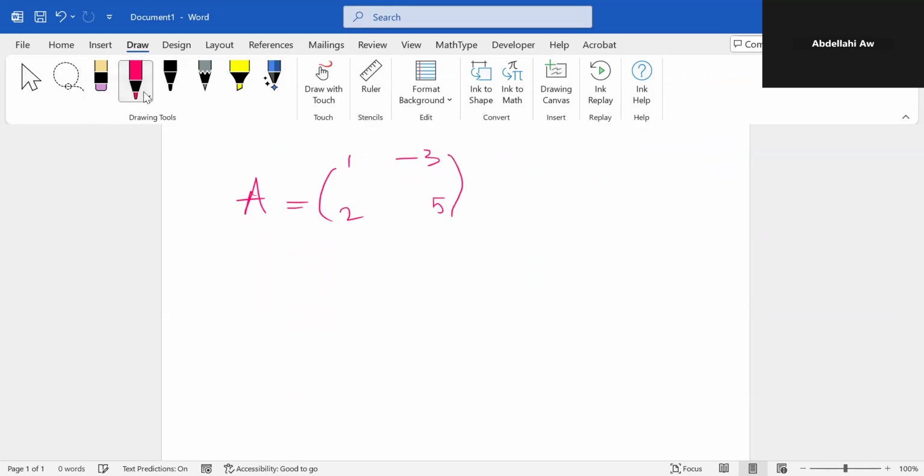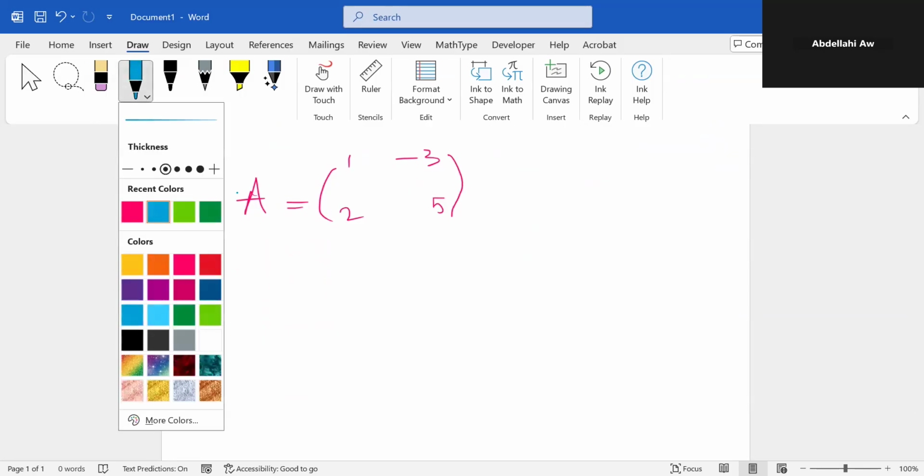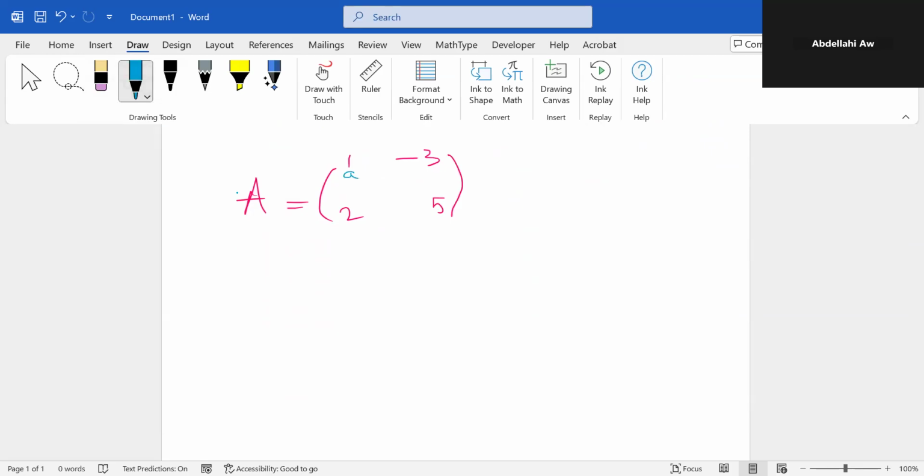If I want to match this to our formula, 1 plays A, -3 plays B, 2 plays C, and 5 plays D. First and foremost, I need to calculate AD minus BC. What's going to be here? A is 1 times 5 minus 2 times -3, which is 5 plus 6, which is 11.